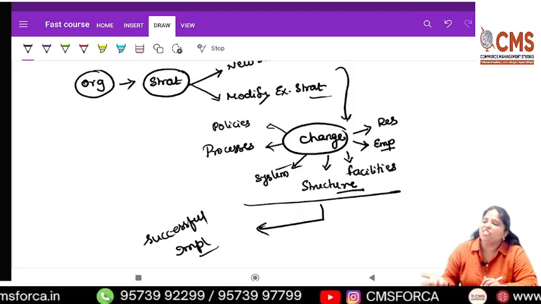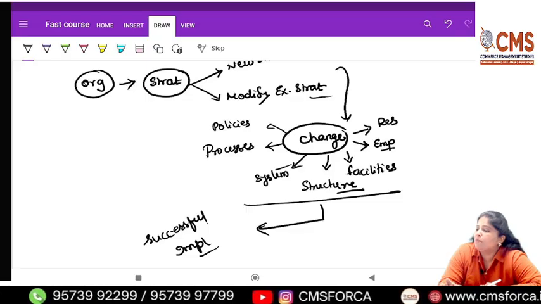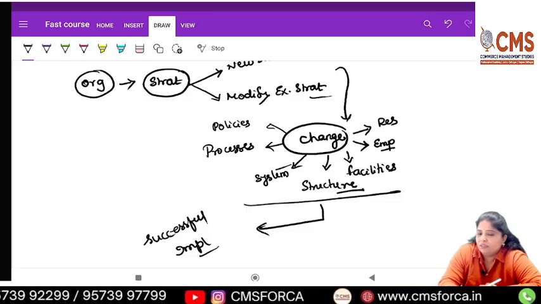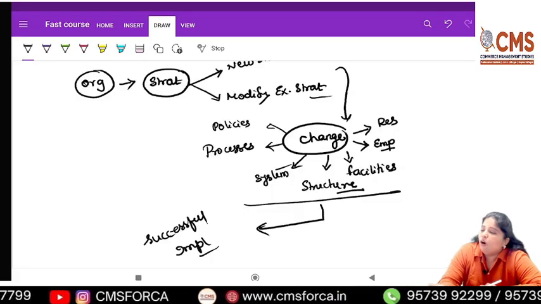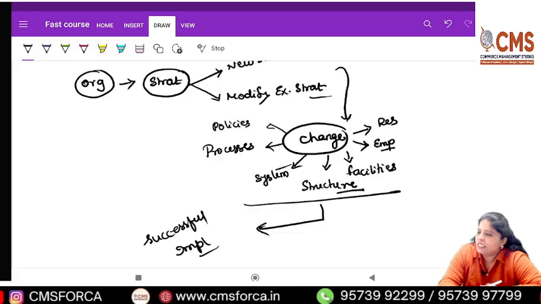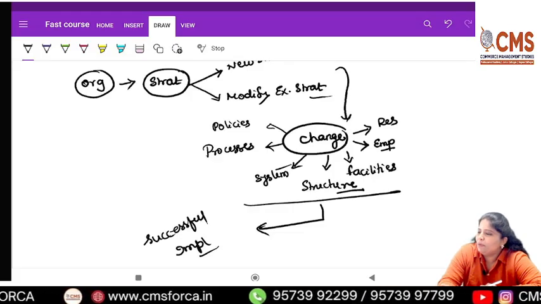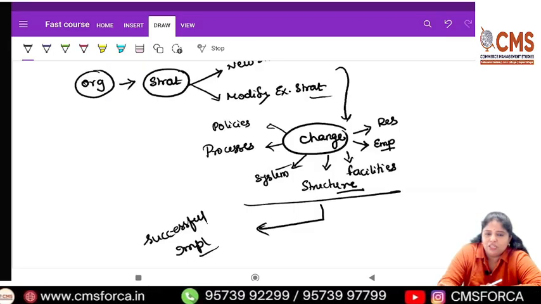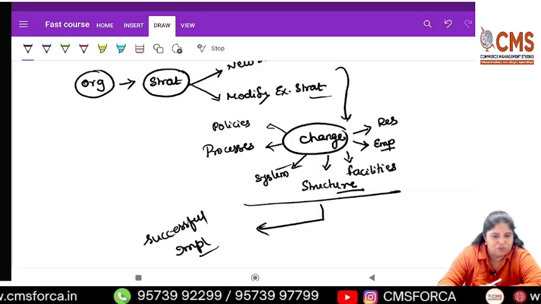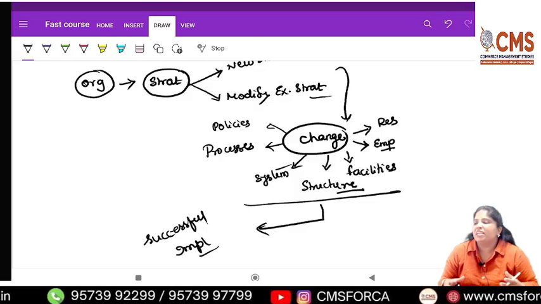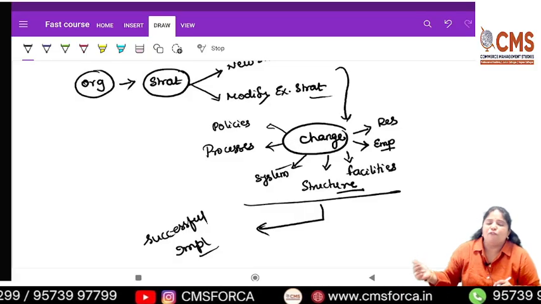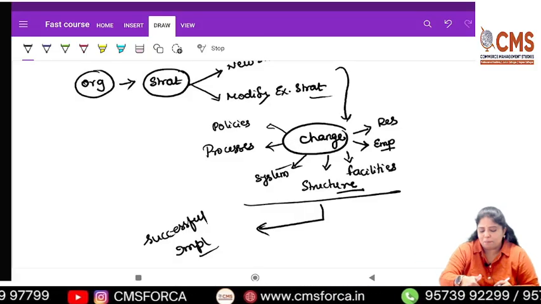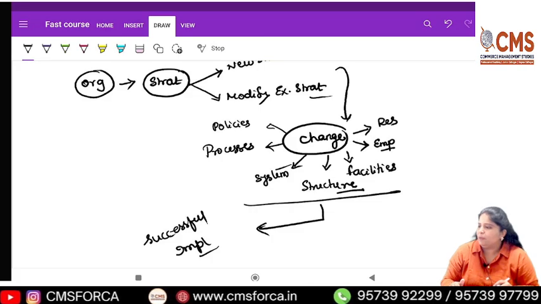However you are changing, accordingly you will choose your implementation methods. The formulation, whether for a new strategy or for modifying your existing strategy, is to make sure implementation becomes successful and you choose the right approach of implementation. We try to bring in some change in the organization. So this shows a forward approach where formulation impacts the approach of implementation.